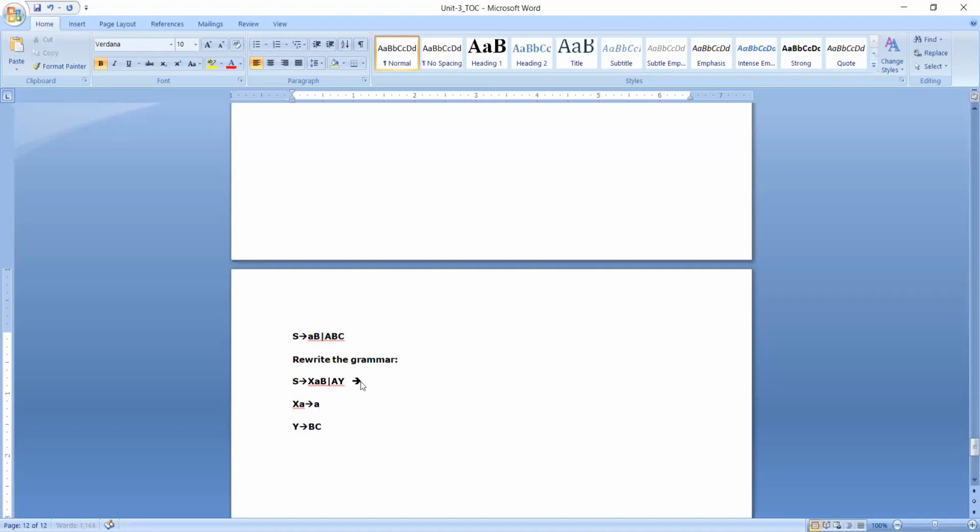You can see here we have the production capital S, and we have written XA. XA is nothing but small a, so small a capital B, or we have capital A, and Y is nothing but capital BC.